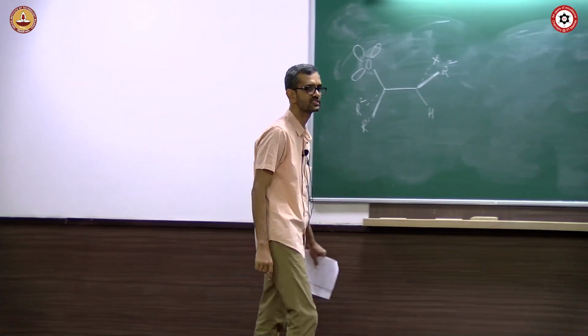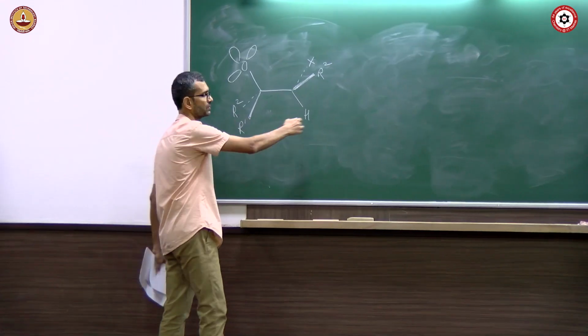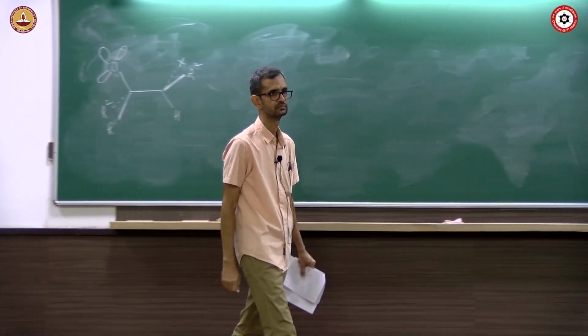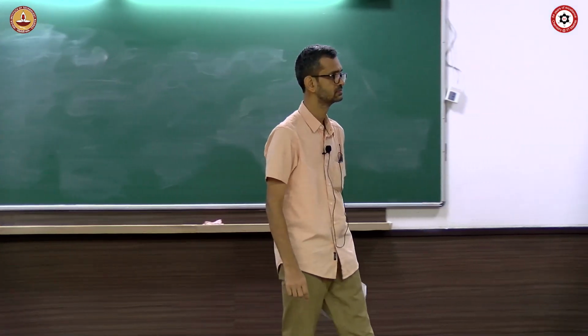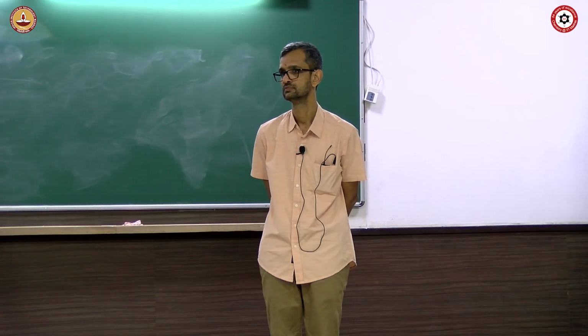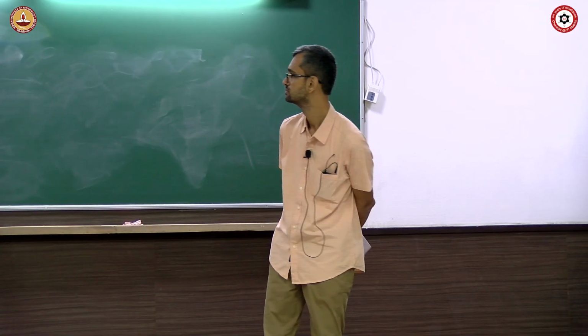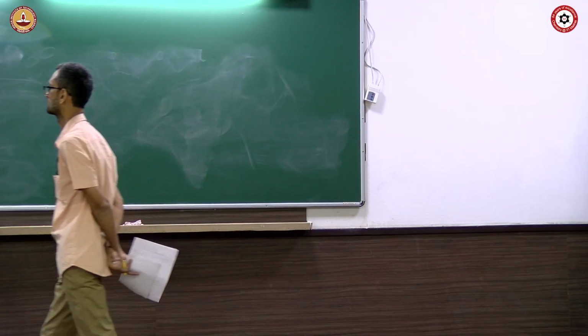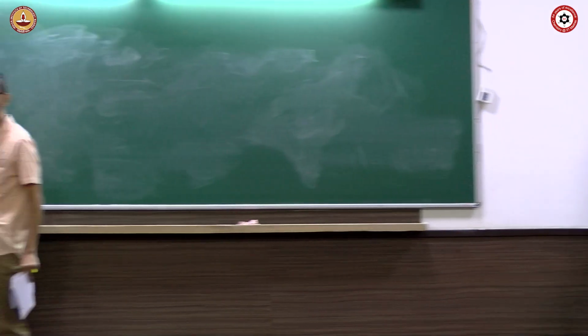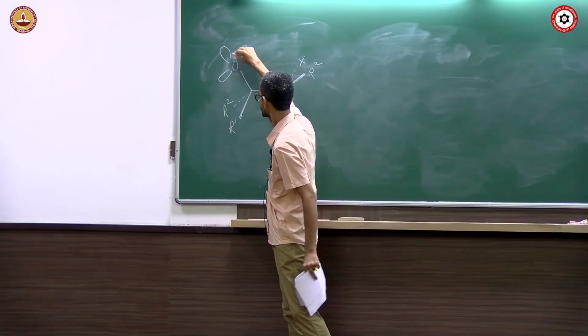Now the question is, which is the substituent that would migrate from here? So O is there, right? It has a negative charge.